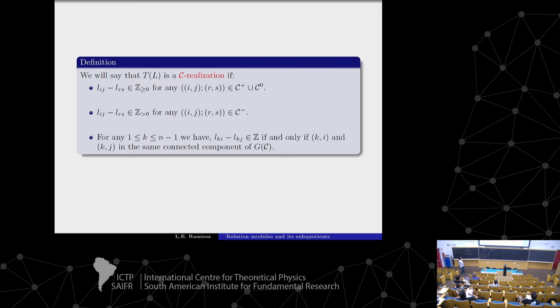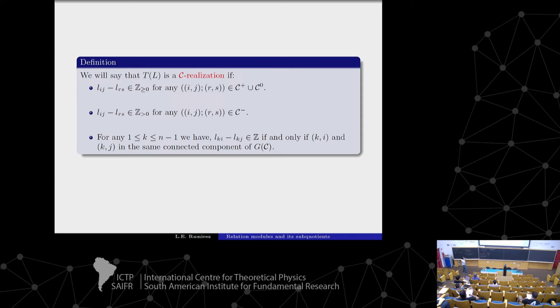These first two conditions say that the Tableau satisfies the set of relations, so it's quite related with the graph associated with the set of relations. And the third condition says that you don't have integral differences between elements in different components of the graph here.